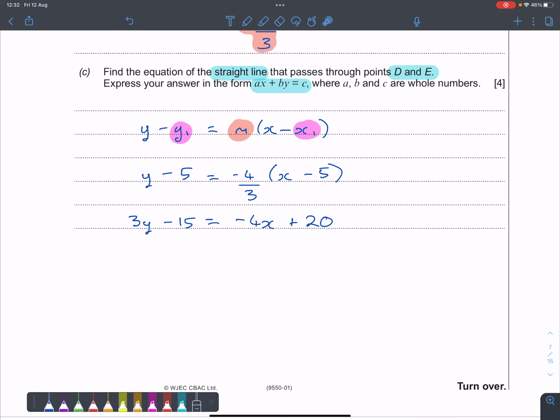Okay, and the format we want is x's and y's on one side, constant on the other. So I'm going to add 4x to both sides, and that will give me 4x plus 3y equals, and I don't want that negative 15 on the left, so I'm going to add that to both sides. That'll leave me with 20 add 15, which is 35 on the right-hand side. And that's my final answer.